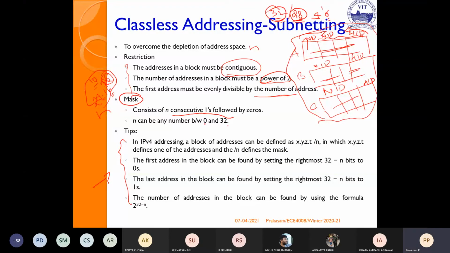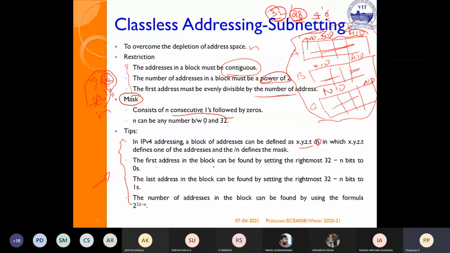So IPv4 addressing is a block of addresses that can be defined as four fields x.y.z.t slash n, where x.y.z.t defines any one address, and this n defines the number of maskable bits. The first address in the block, in a subnet, can be found by setting the rightmost 32 minus n bits to zeros.